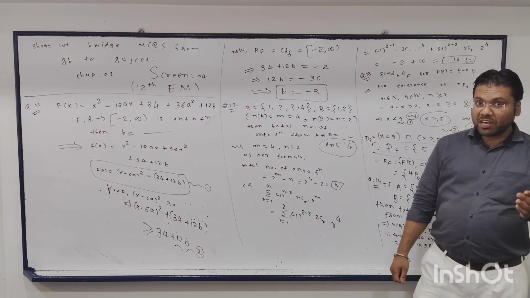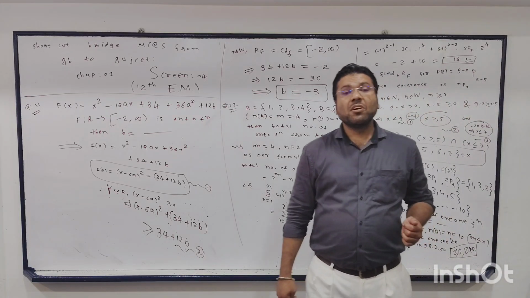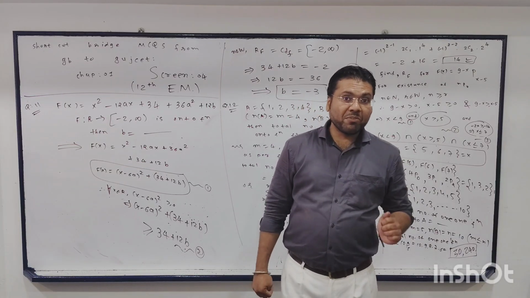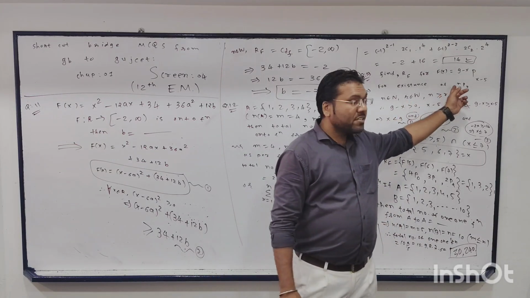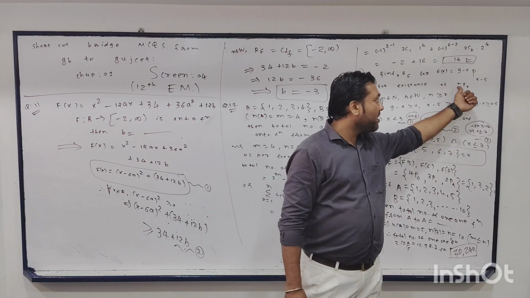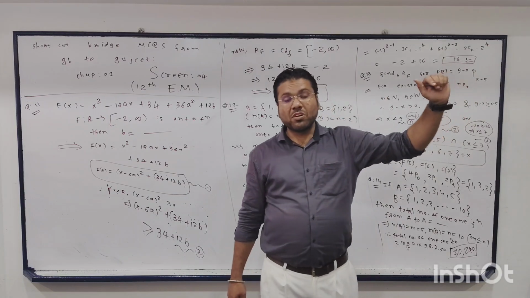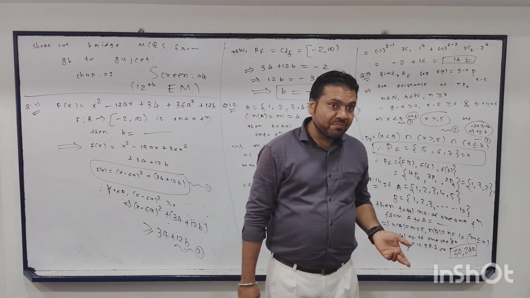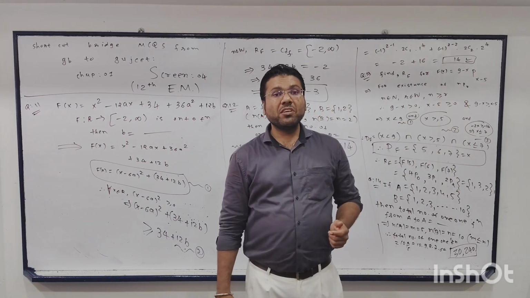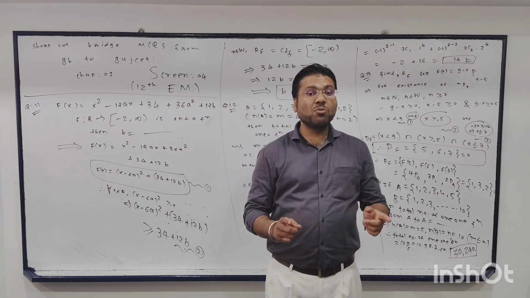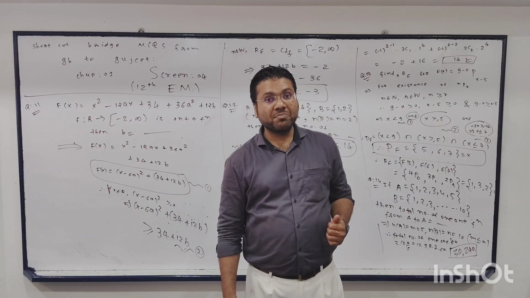First of all, we have to move toward chapter number 6 of class 11, permutation and combination. nPr is defined as follows: total number of things is n, total number of places is r, then nPr is given by n factorial upon n minus r the whole factorial, friends.